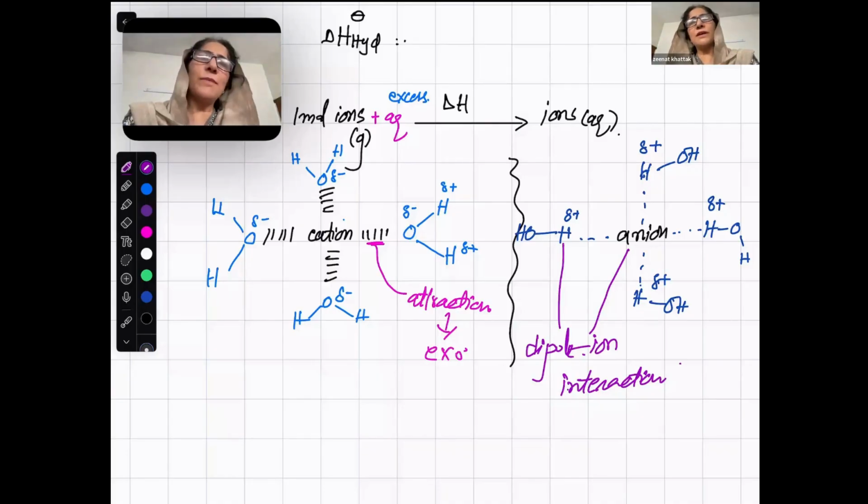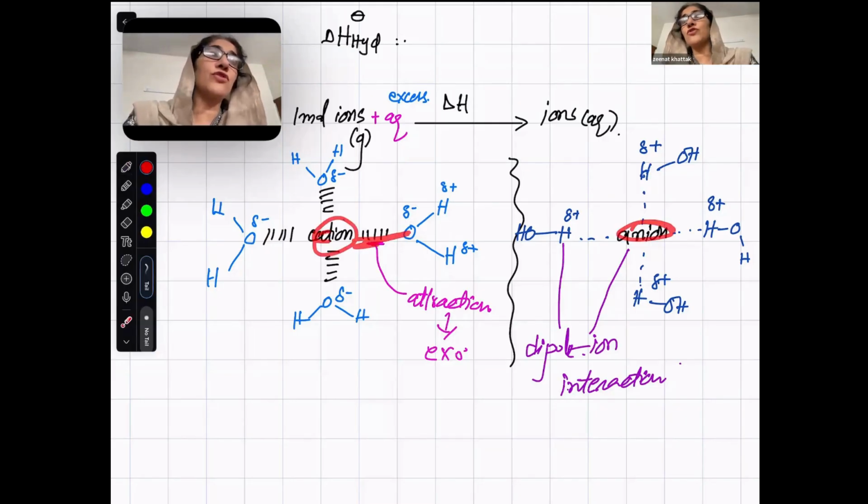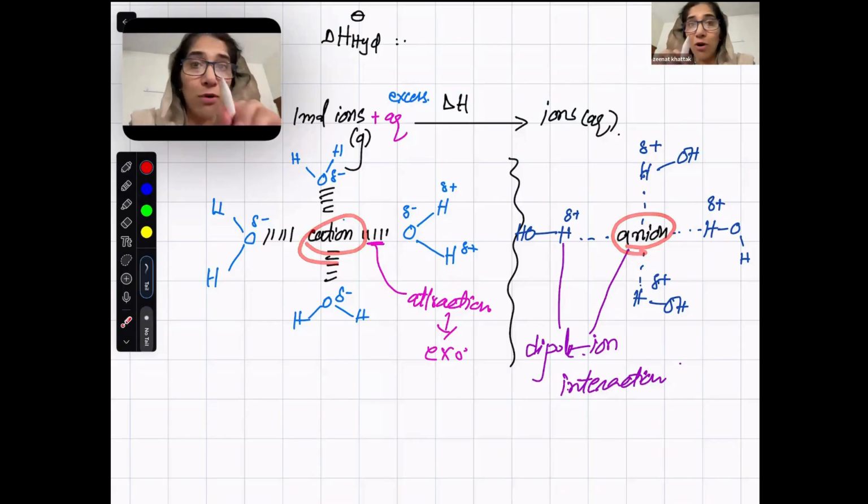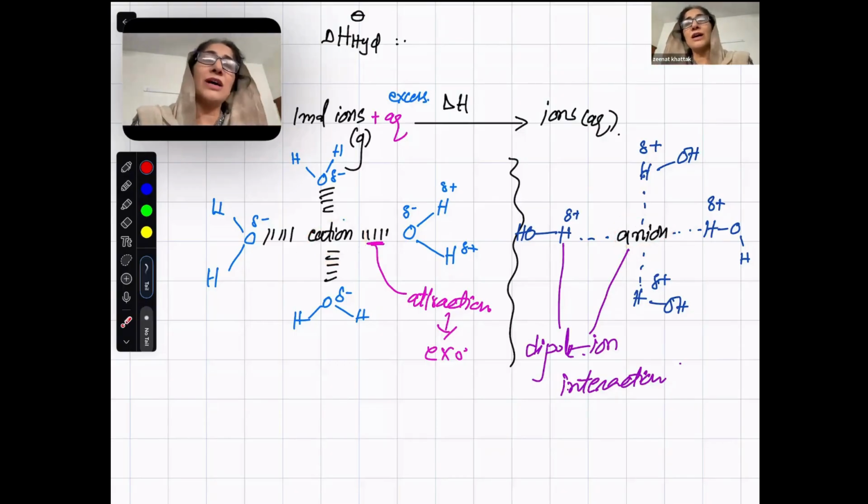And these are exothermic. Which type of ions are attracted more strongly? You know this. The ions that are small in size with high charge.